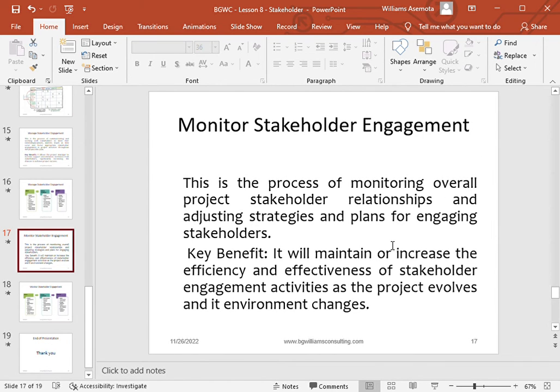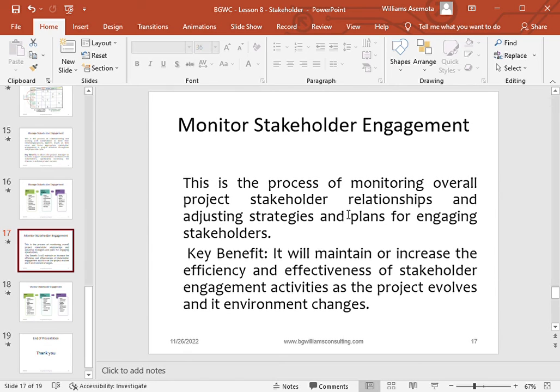So monitoring stakeholder engagement is that aspect of the project where you also point out areas where engagement is slow, areas where there is a lack of feedback regarding the engagement you are having with your stakeholders, so that you can easily and quickly put them in order.